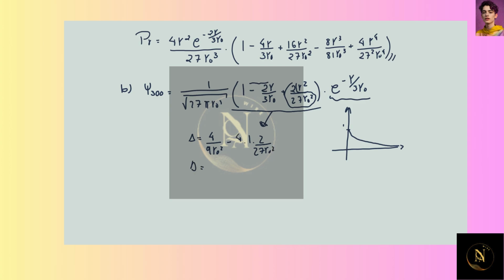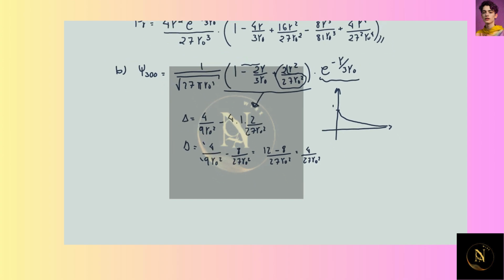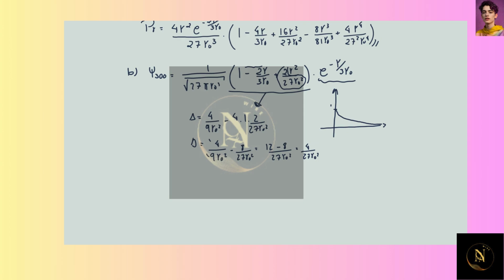Then this is equal to 4 divided by 9 r0 squared minus 8 divided by 27 r0 squared. Multiplying by 3 here and here, we have 12 minus 8 divided by 27 r0 squared, and this is equal to 4 divided by 27 r0 squared. This means that we have two real roots.